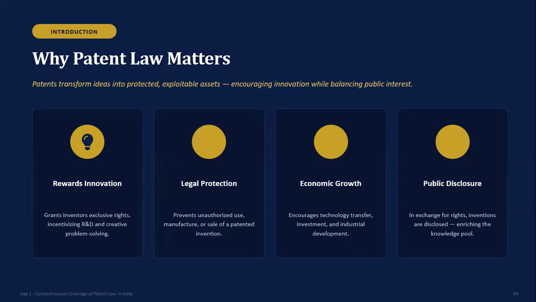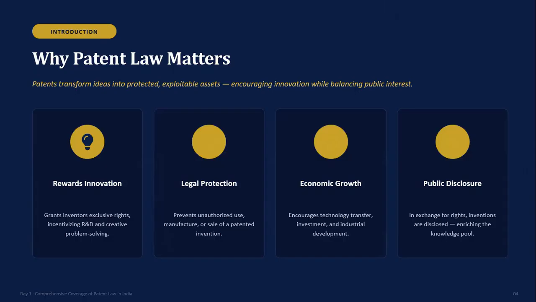Before discussing the legal framework, it is important to understand why patent law matters so much. Patents transform innovative ideas into protected and potentially exploitable intellectual assets. First, patents reward innovation.